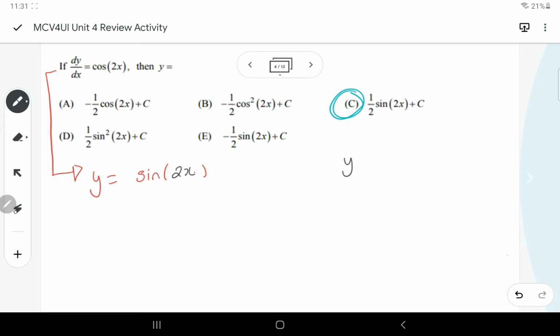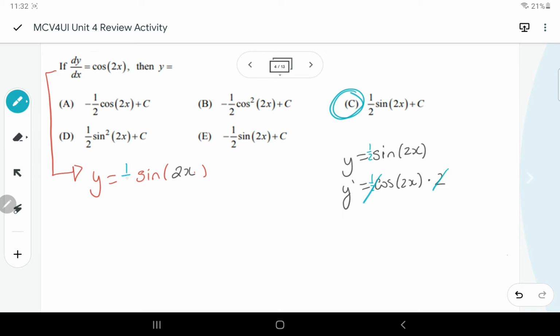Now off to the side, if I just had sine 2x, the derivative, y prime, would be cos 2x, but then multiplied by 2. That's not what I have for my derivative. I have just cos 2x. I don't want that 2 out front, so I have to put something in the original function that will cancel out that 2.